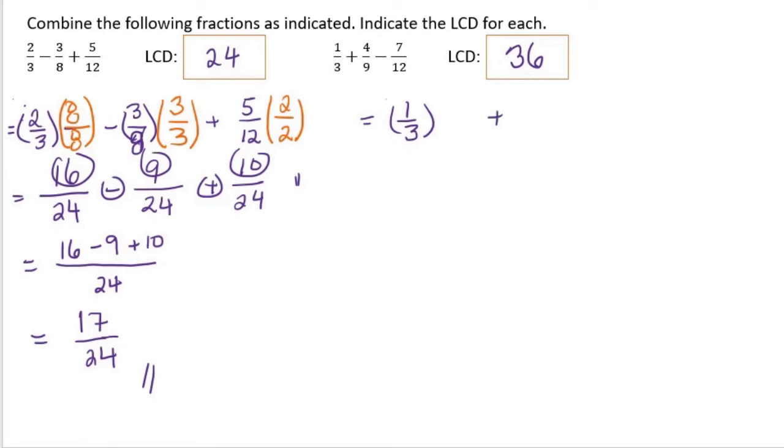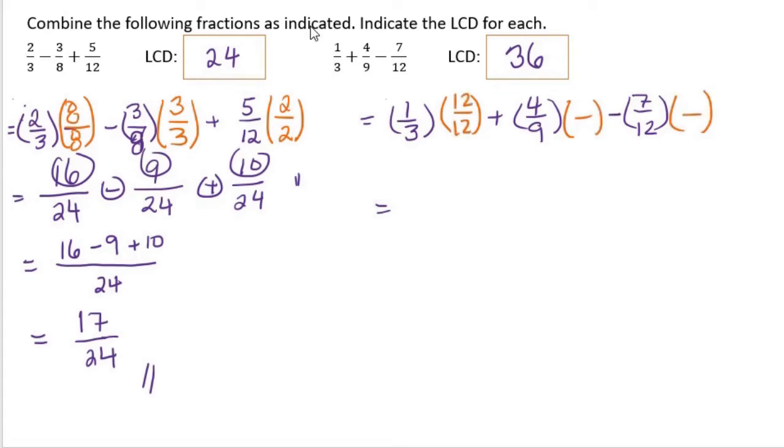We'll have to find what we need to multiply top and bottom by to get to 36. Well, 3 times 12 is 36, so we multiply the top and bottom of the first fraction by 12. 9 times 4 is 36, so multiply the second fraction top and bottom by 4, and 12 times 3.